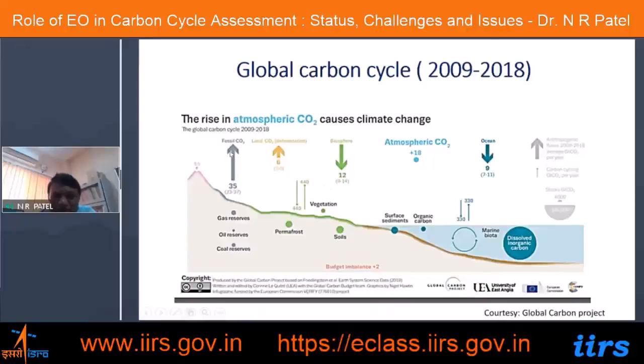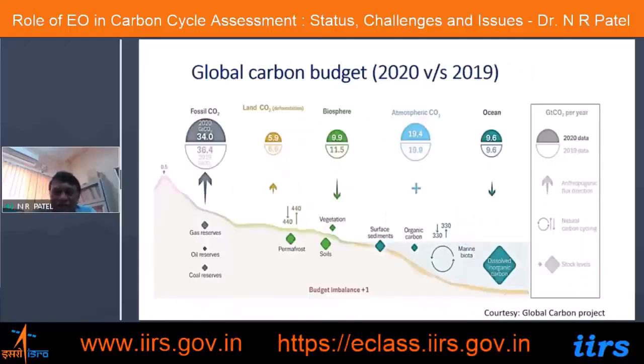For 2009 to 2018, the budget imbalance is plus 2, meaning plus 2 gigaton carbon is added to the atmosphere over the period of 2009 to 2018.